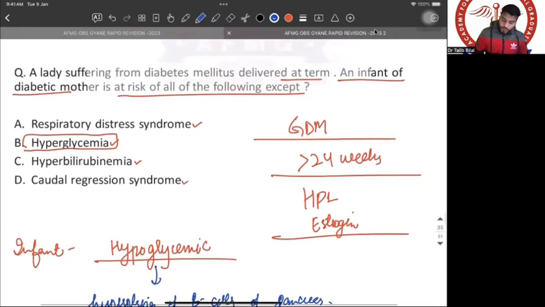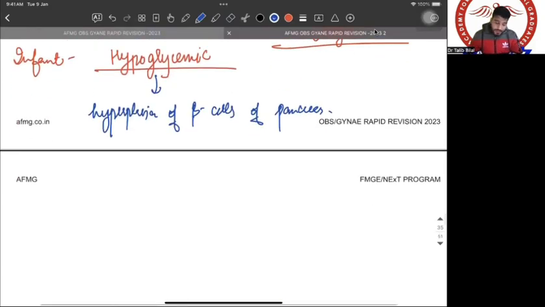So the answer will be, guys, rather than hyperglycemia, the baby will be having hypoglycemia.